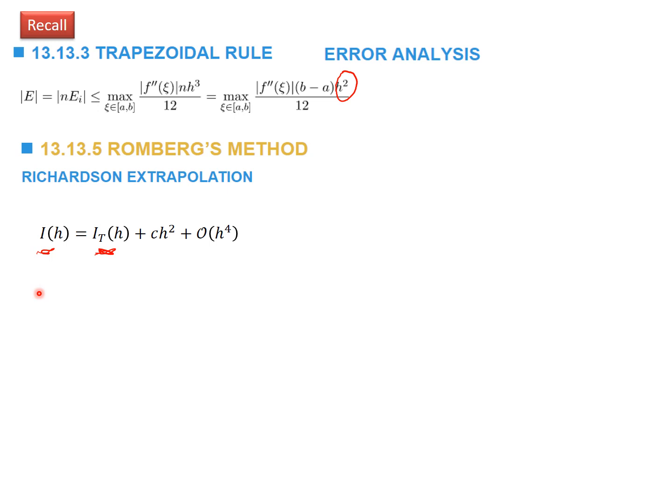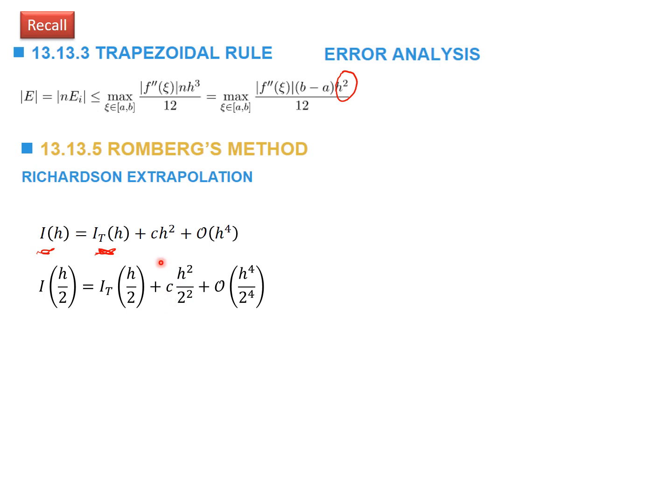Now, if we repeat this with half the step size, so we make our intervals have a width of h over 2, then we can say that I, the true value, is equal to the numerical approximation using the trapezoid rule when the width is equal to h over 2, plus a constant multiplied by h squared over 2 squared, plus an error term directly proportional to h to the power 4 divided by 2 to the power 4.